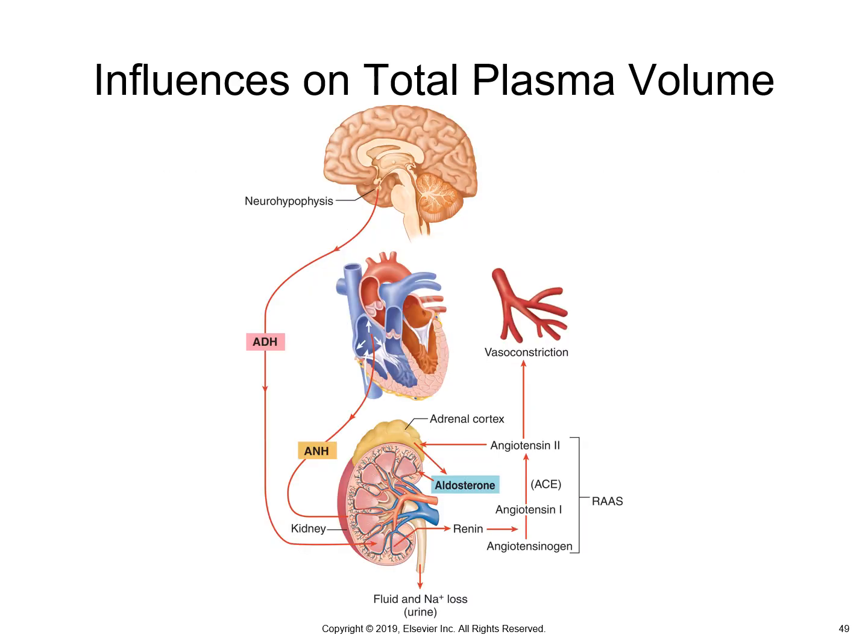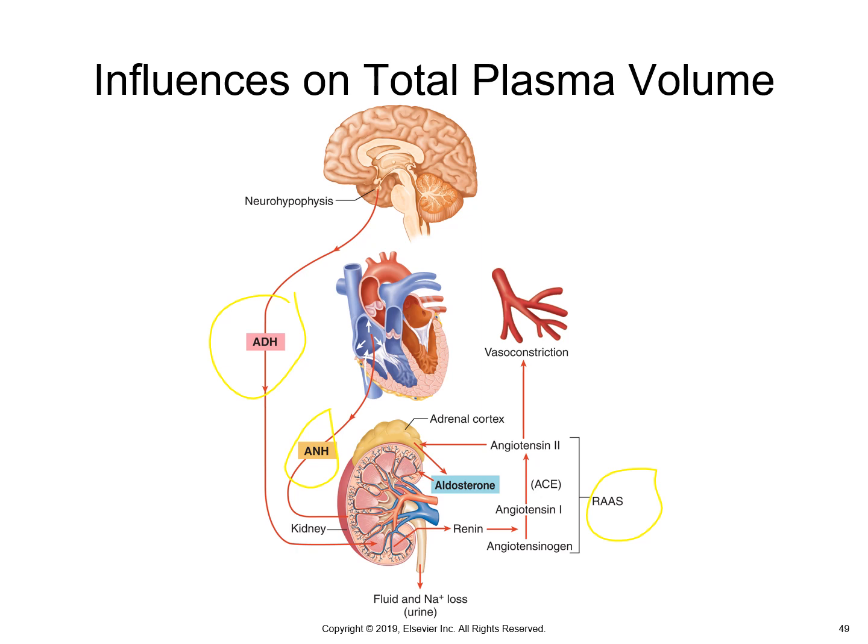All right, this slide is illustrating three major hormonal systems that are going to influence fluid retention and also fluid balance. All right, we have ADH, ANH, and also RAS over here. So again, ADH is antidiuretic hormone.